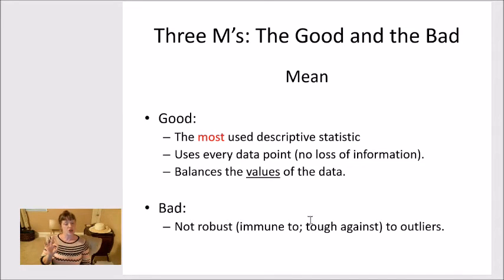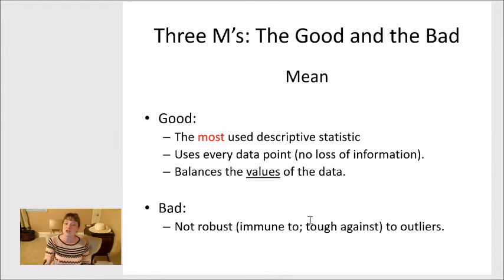It is also used in inferential statistics. You know those statistics we will eventually calculate where we're going to ask and answer cool research questions like, is age related to cognitive functioning? The mean is used to answer those questions. And the reason the mean is used to ask and answer inferential questions is because there's no loss of information.